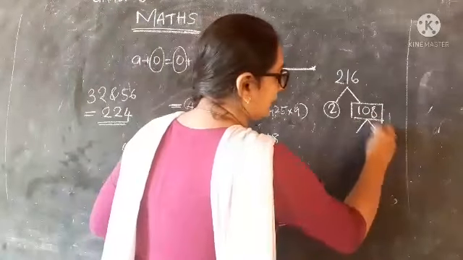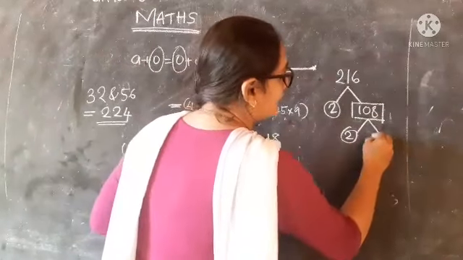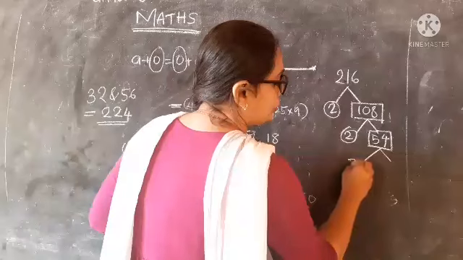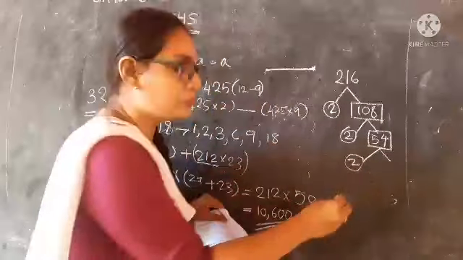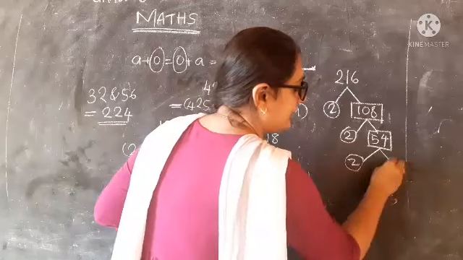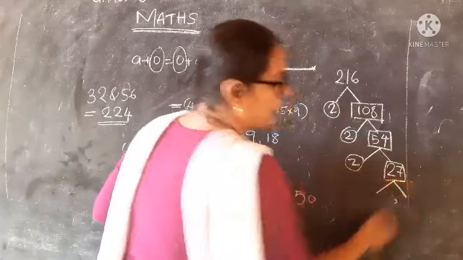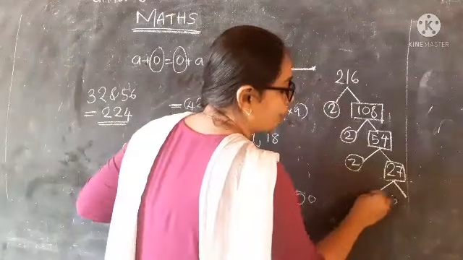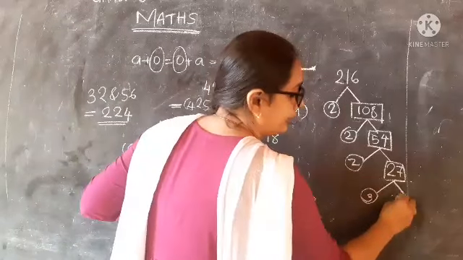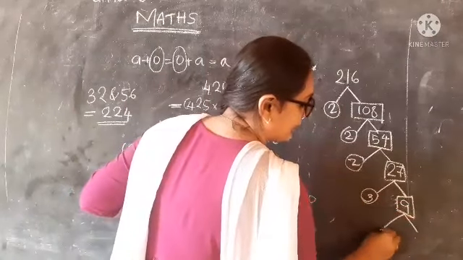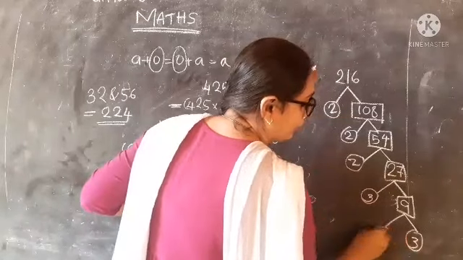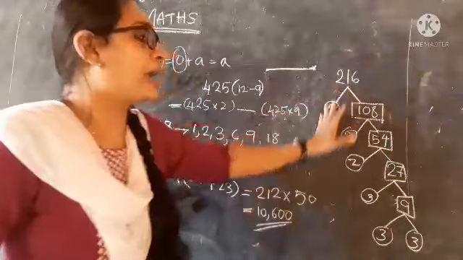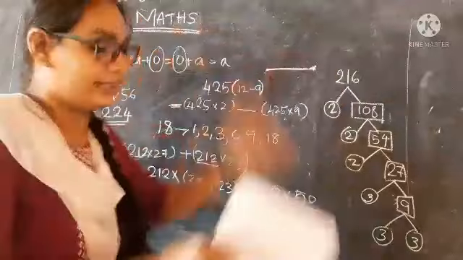So 2 and 54, again 2 and 27. Now 27 is not a multiple of 2. 27 is a multiple of 3: 3 into 9, and this 9 can be factorized as 3 into 3. So all the numbers here are prime numbers. So the prime factorization of 216 is like this.